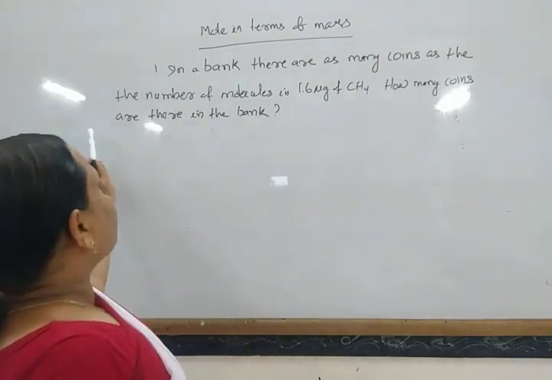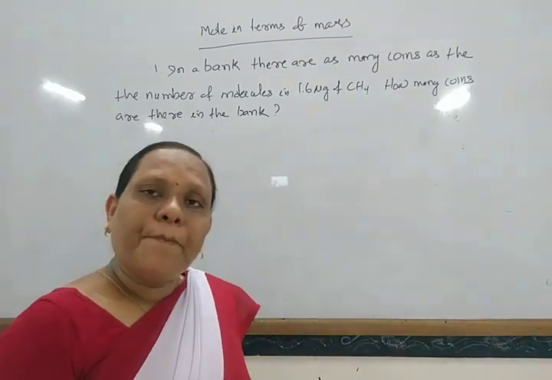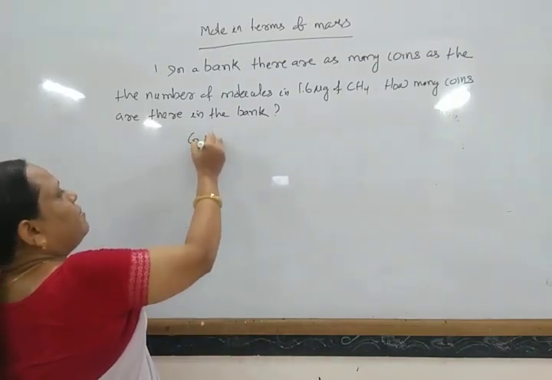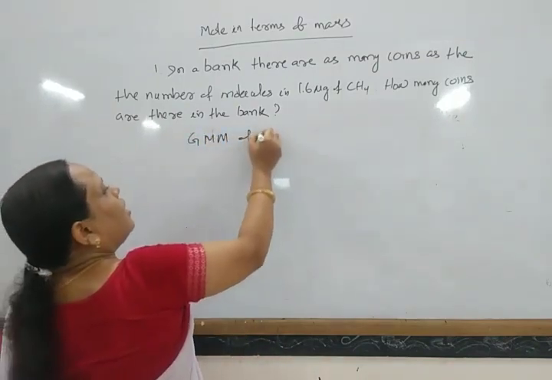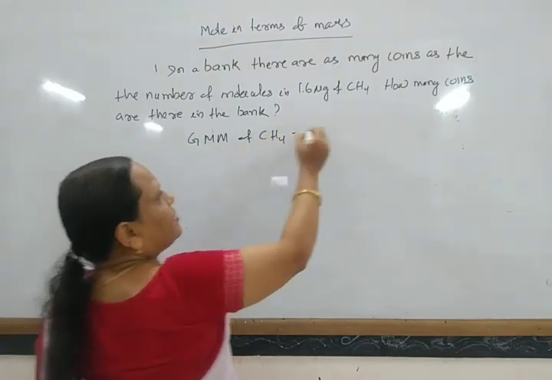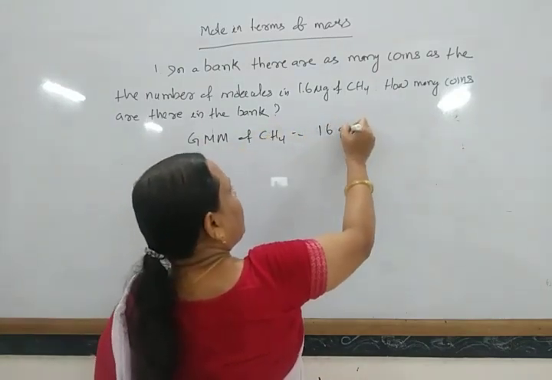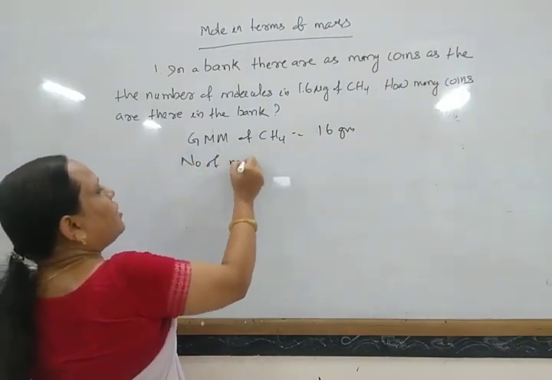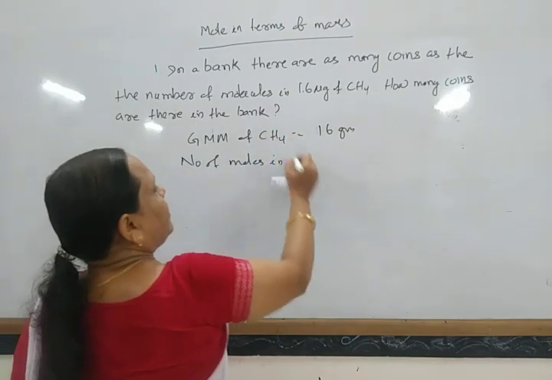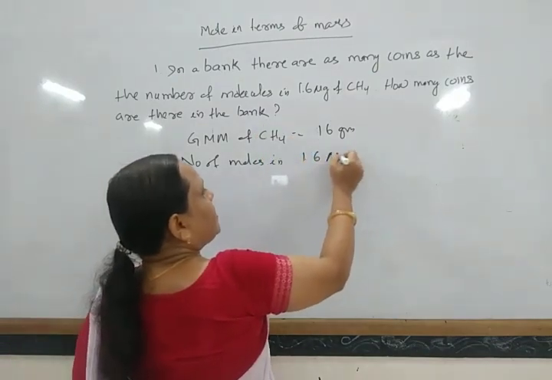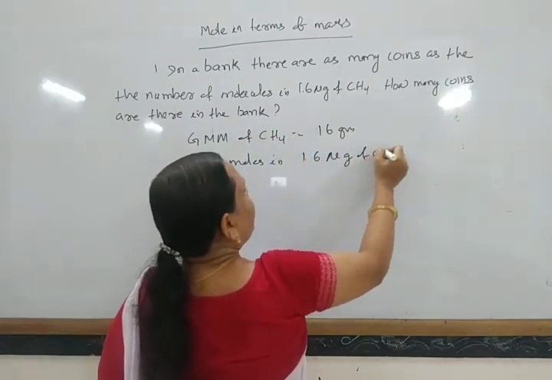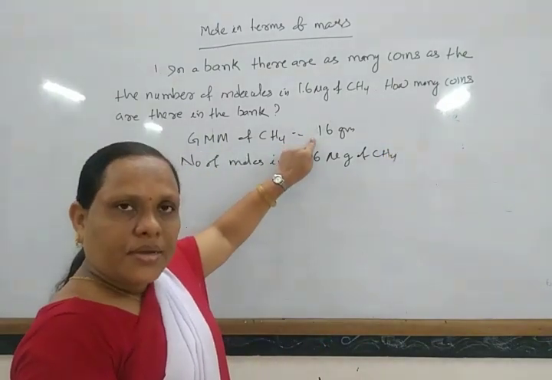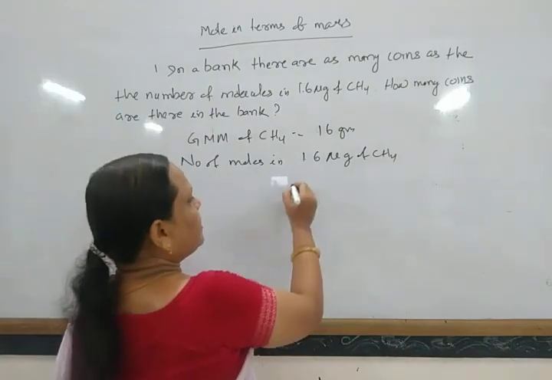How many coins are there in the bank? So in this way, first the gram molecular mass of methane is 16 gram. The number of moles in 1.6 microgram of methane is given weight by molecular mass.